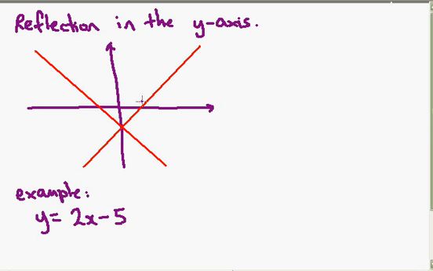The x coordinate has been flipped around. So in other words, all positive x coordinates have become negative, all negative coordinates have become positive. So in other words, what you need to do is replace x with minus x.